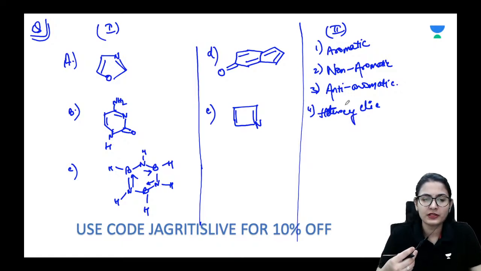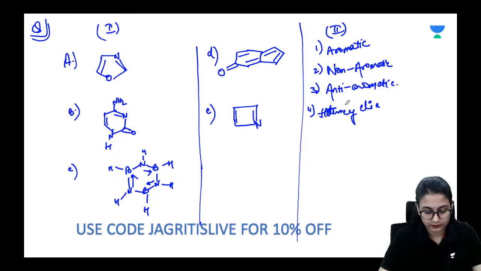I'm not going to have four options. You have to tell me who is going to match with whom, and there could be more than one correct answer, okay? Chalo, done.